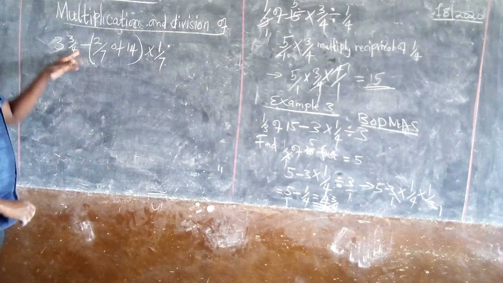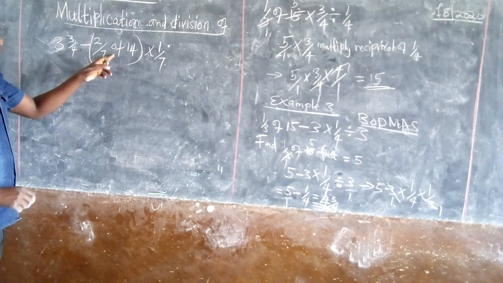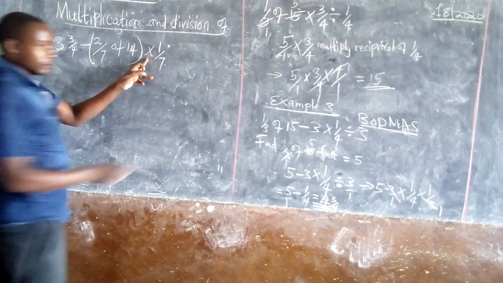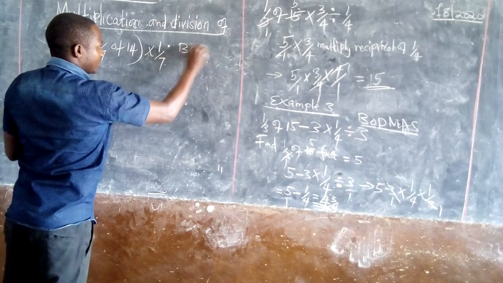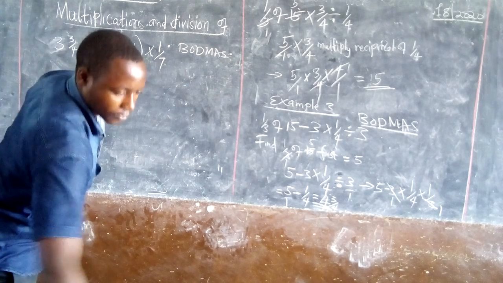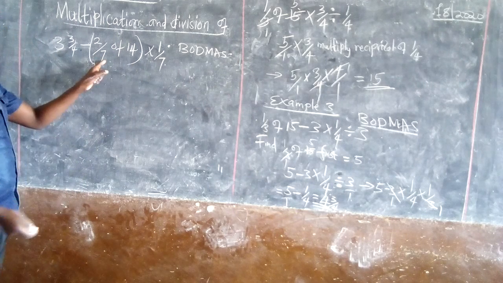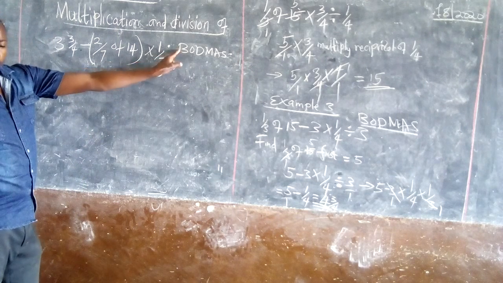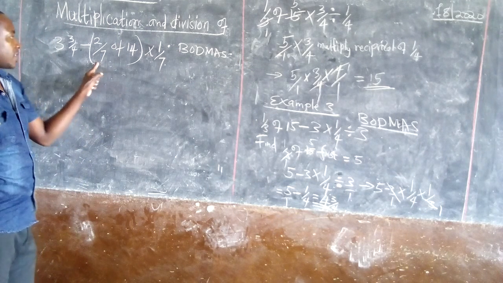Here we have minus, of, and multiplication. So we have BODMAS there. What we shall follow is BODMAS, whereby we start with the brackets. Now we have brackets there, so we work out the brackets first.